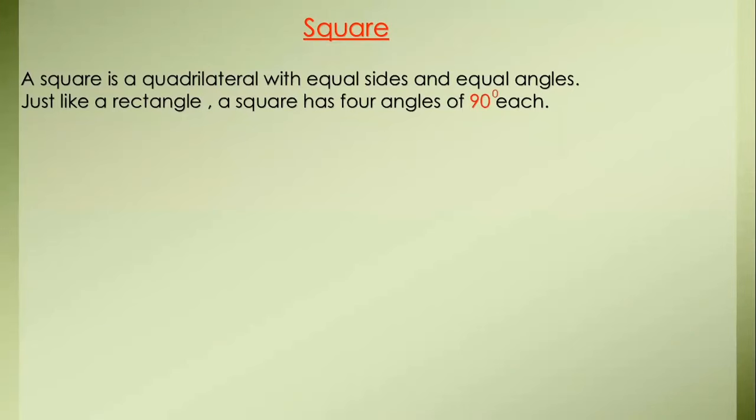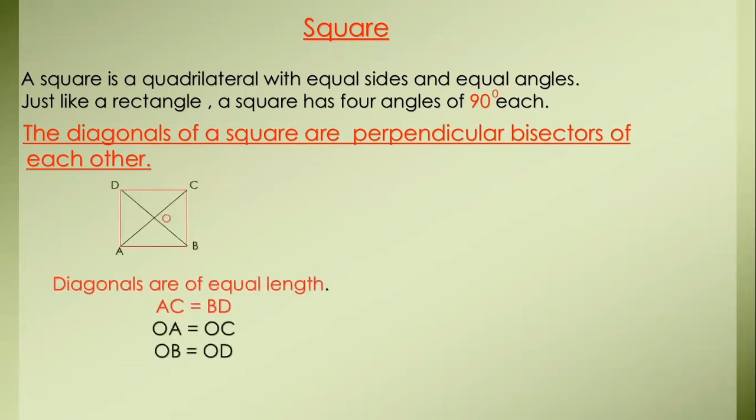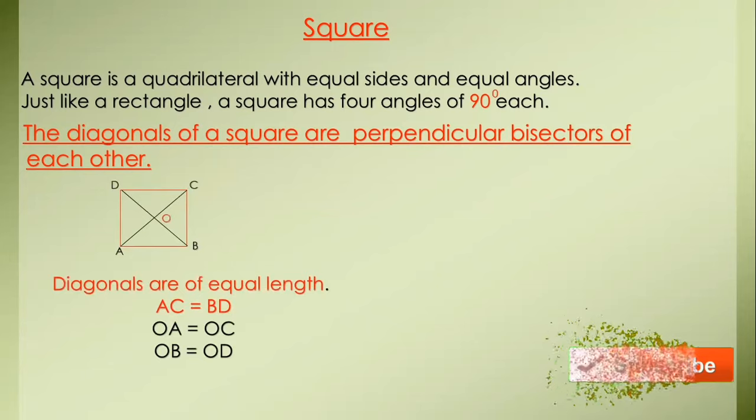Next one, square. A square is a quadrilateral with equal sides and equal angles. Just like a rectangle, a square has 4 angles of 90 degrees each. And an important property, the diagonals of a square are perpendicular bisectors of each other. See the square ABCD. 4 sides are there, 4 angles are there.